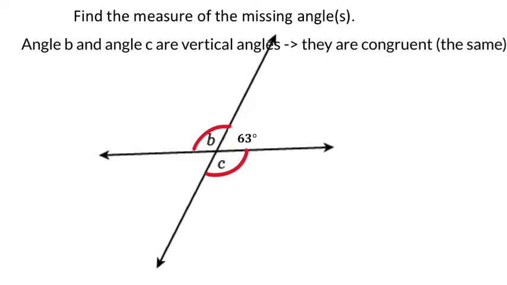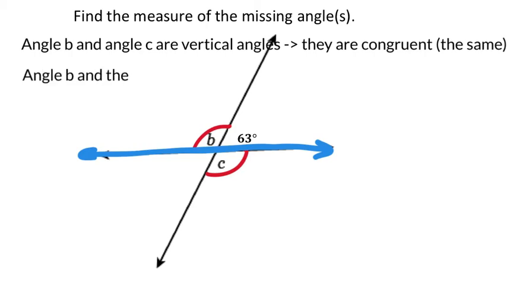What I notice about B and the 63-degree angle is that it creates this straight line. Again, you can call it two rays if you'd like, with the vertex in between. But I noticed this as well. Angle B and the 63-degree angle are supplementary.